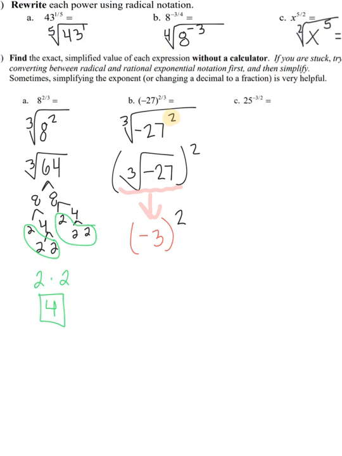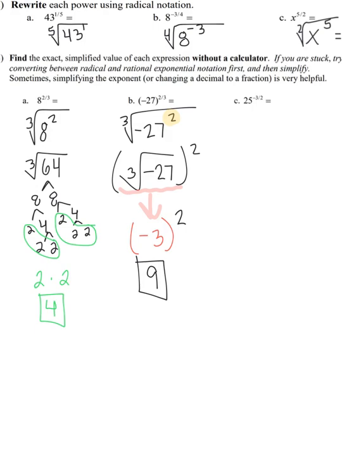So that seems much more doable, especially working without a calculator. If I square negative 3, I'm going to get a final answer of 9. So look for a little tip or trick. If the numbers don't seem very manageable, you can move that exponent to the outside and work with just the radical piece first.